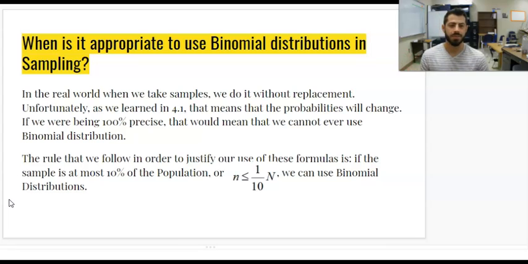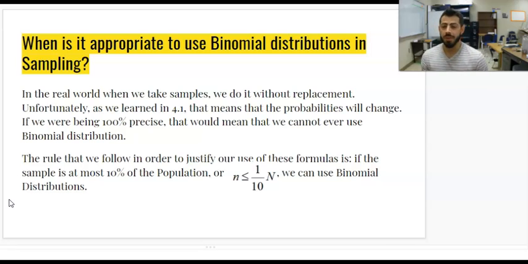If I have a bag of 10 marbles, 6 of them blue and 4 of them red, and I want to know the probability of drawing a blue marble, well, if I take a marble out and I don't put it back in the bag, then the next time I draw a marble, the probability will have changed. So, obviously, in these circumstances, we can never be 100% precise, right? It's just probability, because most of the time we're not going to be exact. We will be close, and for us, close is close enough.